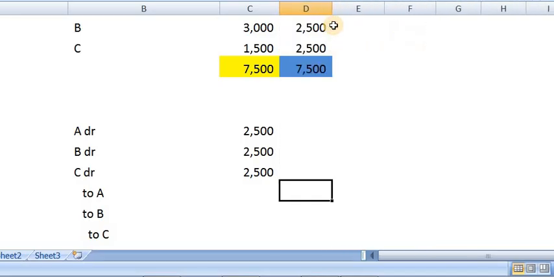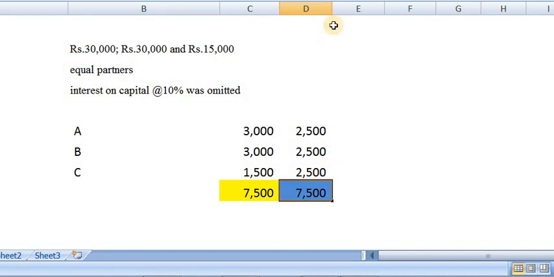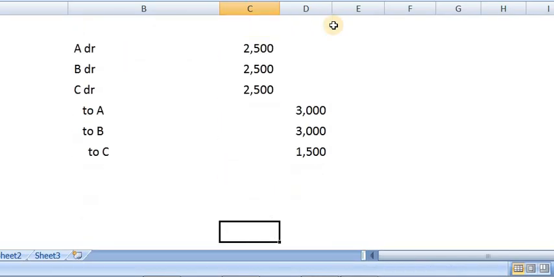Now the journal entry is okay. We have to credit A with how much? 3,000. B 3,000. C 1,500. Now A should get 3,000, B should get 3,000, and C should get 1,500.